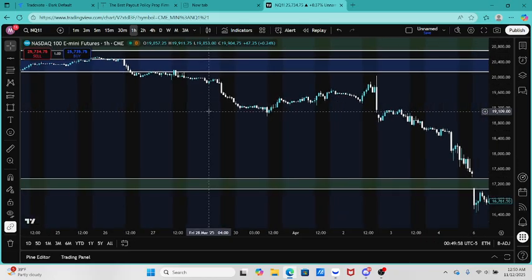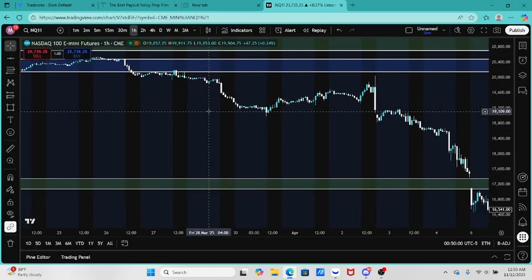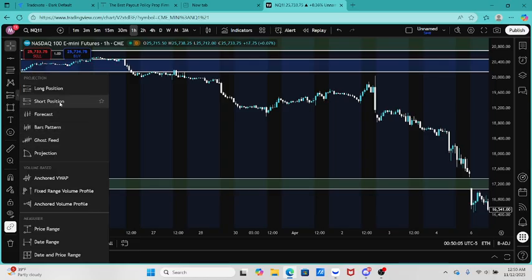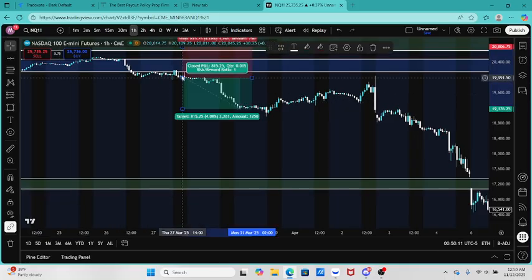and you have multiple opportunities. But just to give you an idea of how you can have such a low risk and high reward, it would look like this.